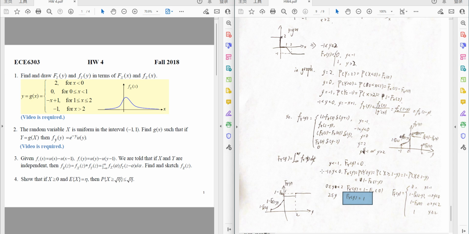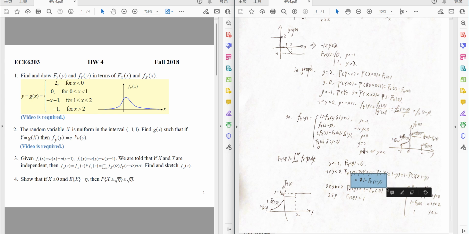And y between -1 and 0, the probability can become this one. So we can calculate it by changing the random variable.